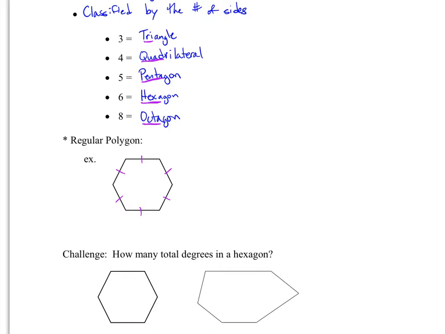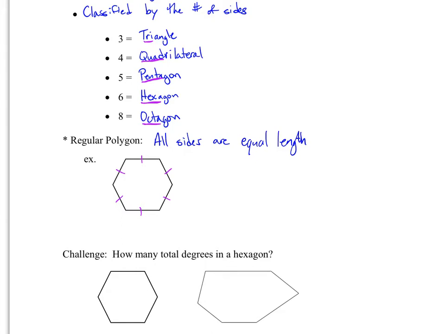So that means those sides are the same length. So in a regular polygon, all sides are equal length.